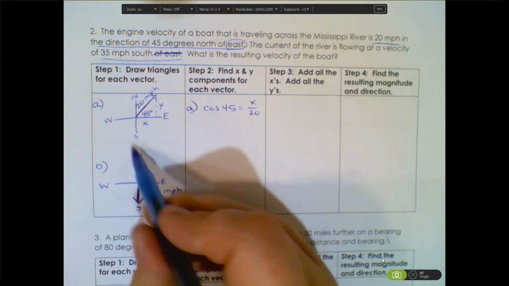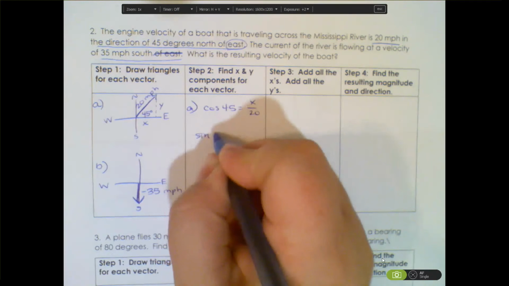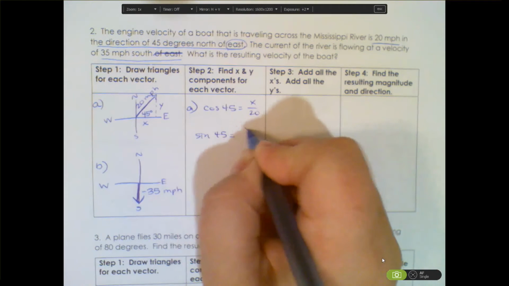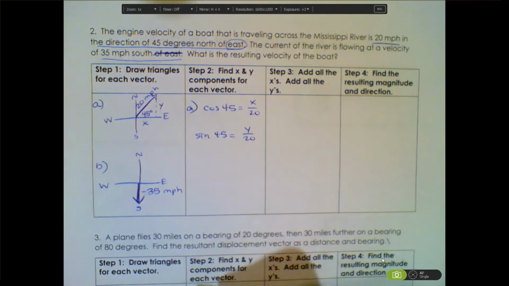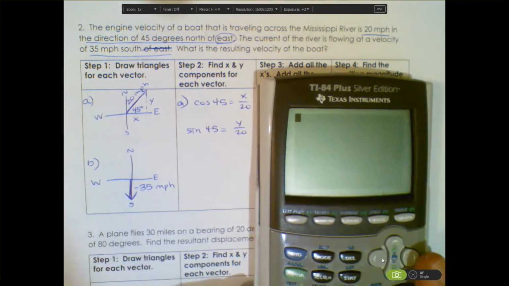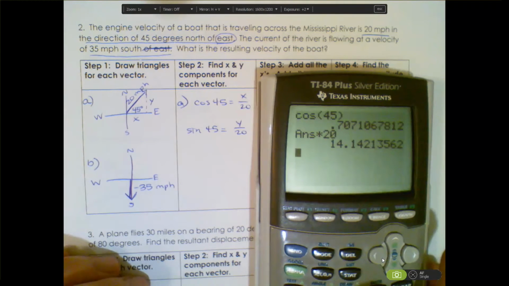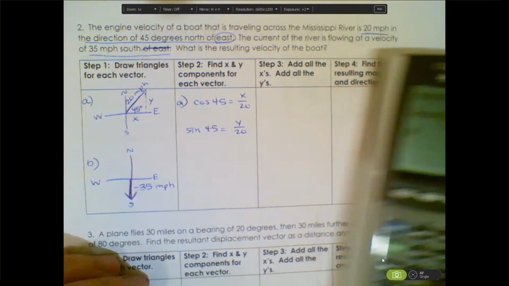To find my y value, I will have the sine of 45 degrees equals y over 20. I'll go ahead and solve those two problems. Remember, again, I'm in my degree mode on the calculator. Cosine 45 times 20. So x is about 14.14.